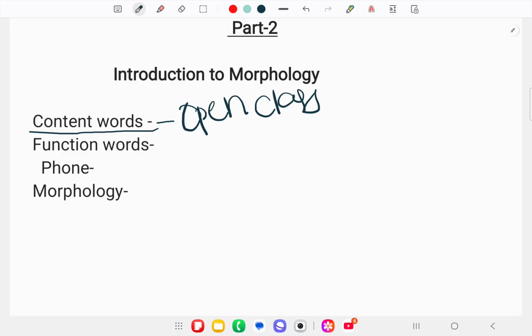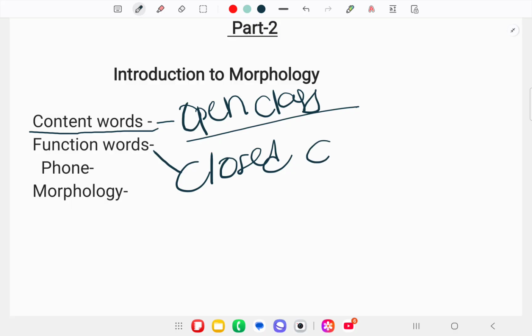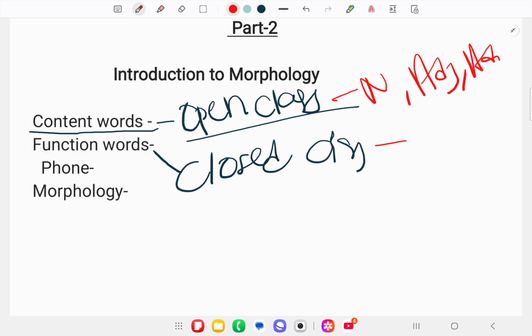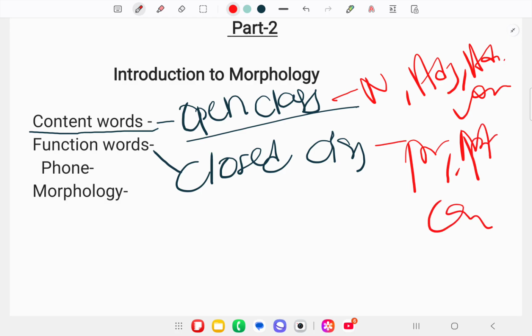and function words are known as closed class. What is in open class? In open class, we have noun, adjective, adverb, and verb, while in closed class, we have pronoun, preposition, and conjunction.